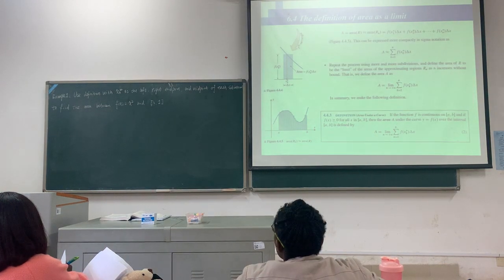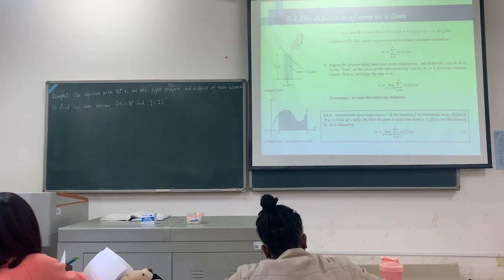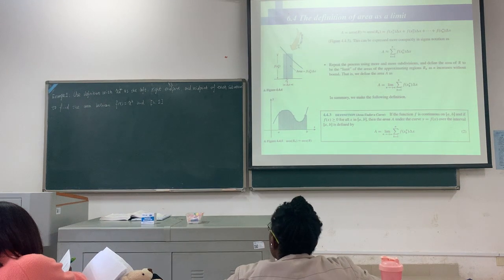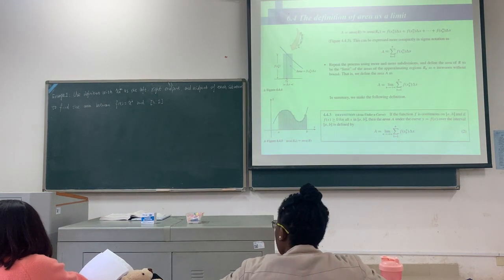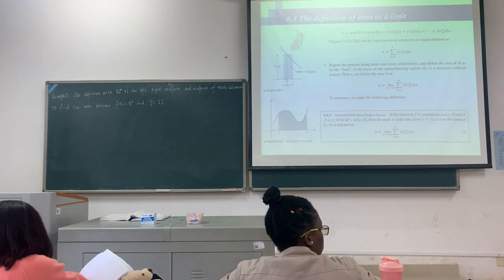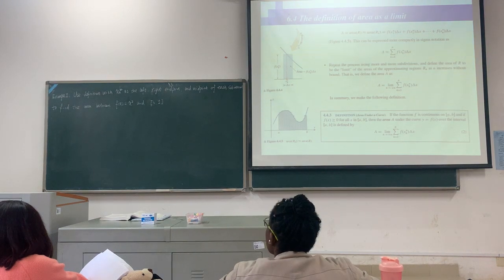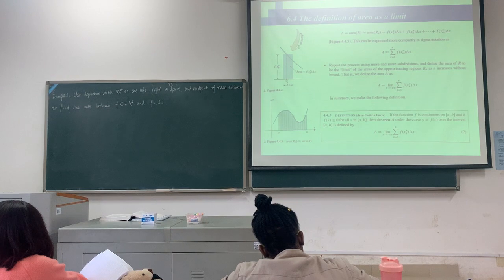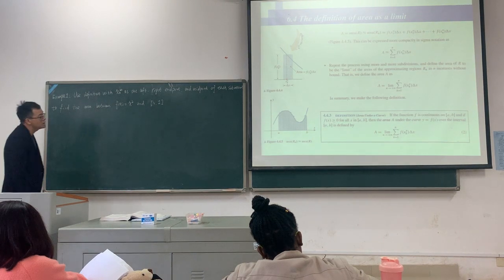So, for example 1, use definition with xk star at the left endpoint, right endpoint, and the midpoint of each subinterval to find the area between f(x) equal to x squared and the interval from 0 to 1, the closed interval. Actually, it's the area.